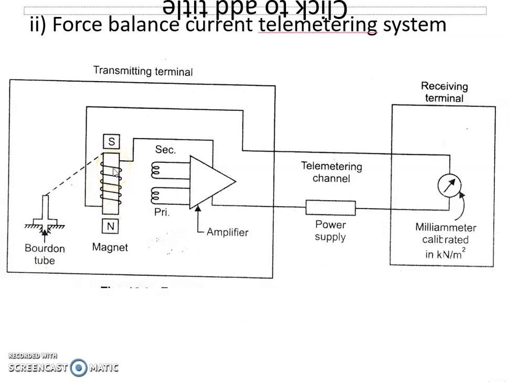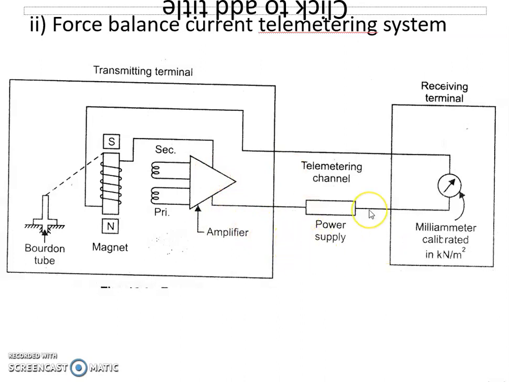As the coil rotates, the flux linking the primary and secondary windings changes. And this change in the flux linkages varies the amplitude of the amplifier. The output is connected to the feedback force coil, which produces a force opposing the Bourdon tube input.